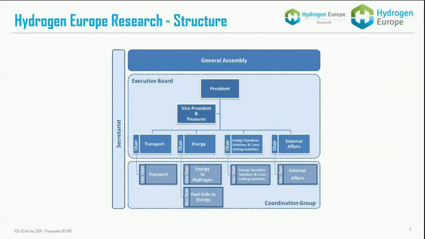So this is our structure. I'm just going to give you an overview here because we will change the structure fairly soon. But as you can see at the top, we are a member-led organization with the General Assembly as the highest deciding organ.